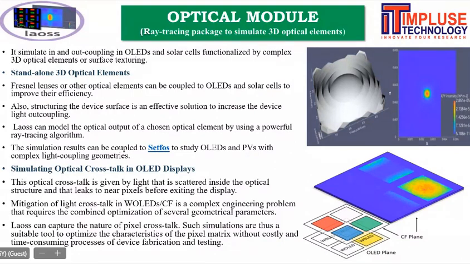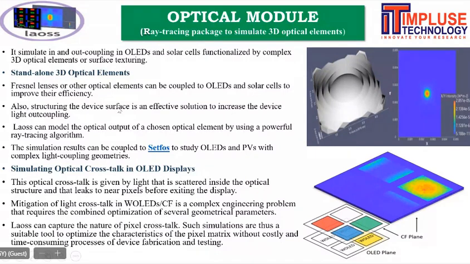This ray tracing module can be very helpful for surface texturing, where the planar surface is not there. There is some irregular shape, some different complicated structures. So the texturing of the device, where different geometry can be textured on the top or bottom of the electrodes. This 3D optical element, Fresnel lens or other optical element, can also be coupled with LED or solar cell to improve the efficiency.